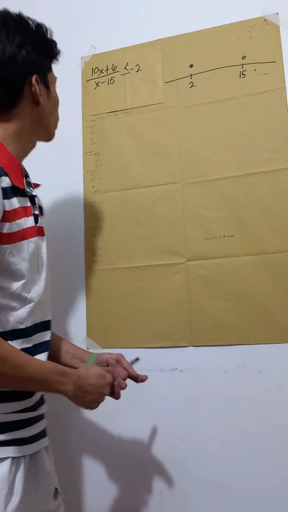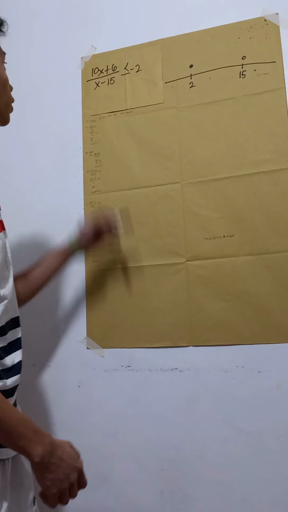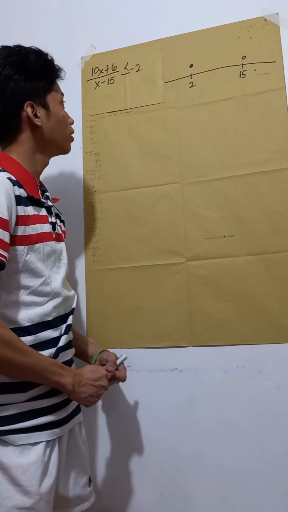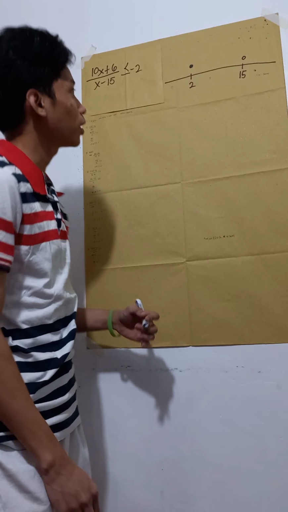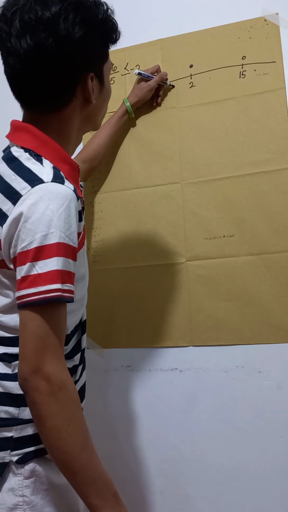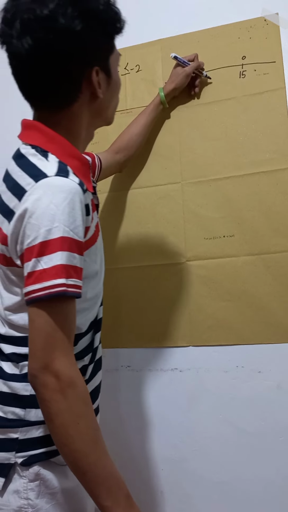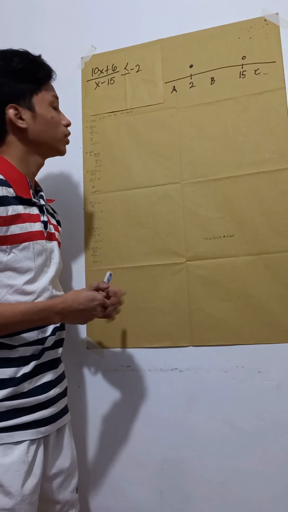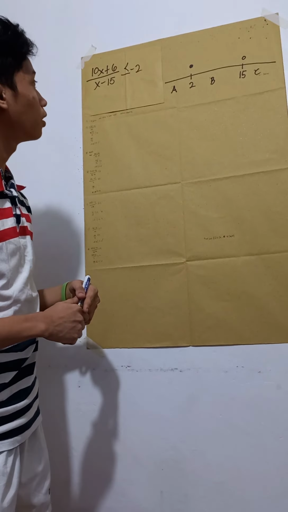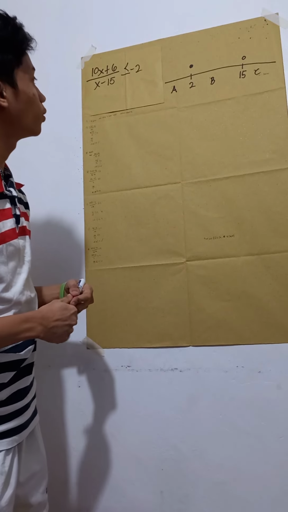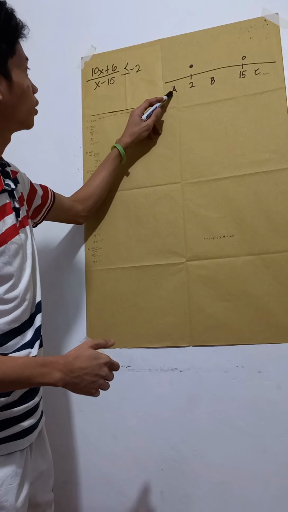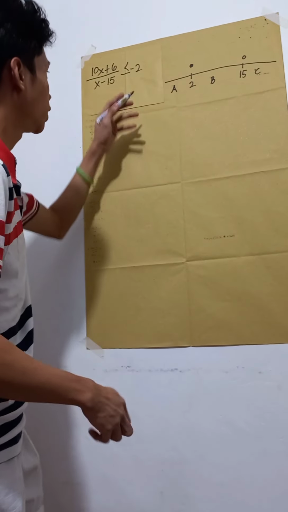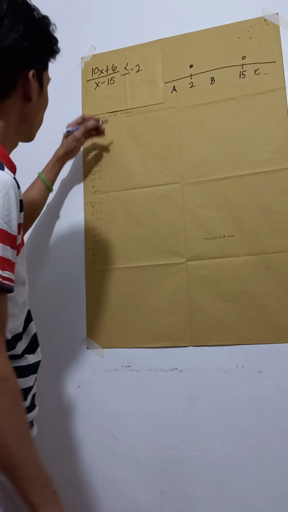Now, we're going to make a test regarding this rational inequality. First, we're going to make intervals: A interval, B interval, and C interval. Second, we're going to get a value in the A interval, which is 0, to make this easier to solve.